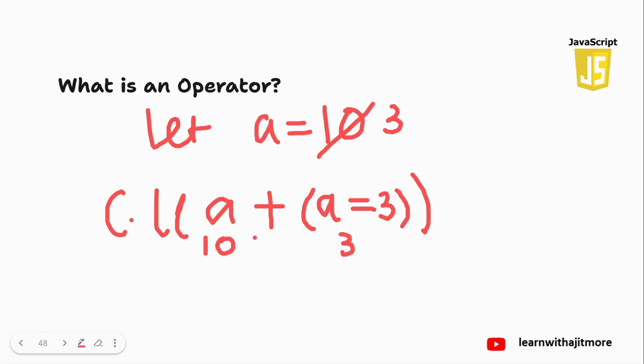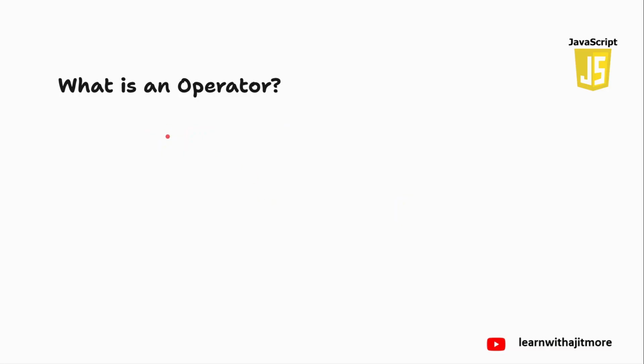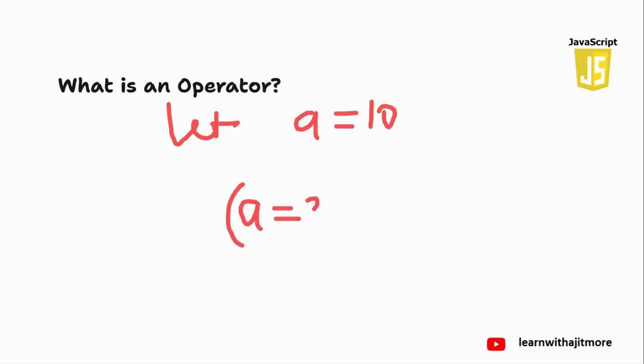But if you do it the other way, let a equal to 10, and in console.log you write first the bracket a equal to 3, and then plus a. Here also, before the addition, the operands are fully evaluated.